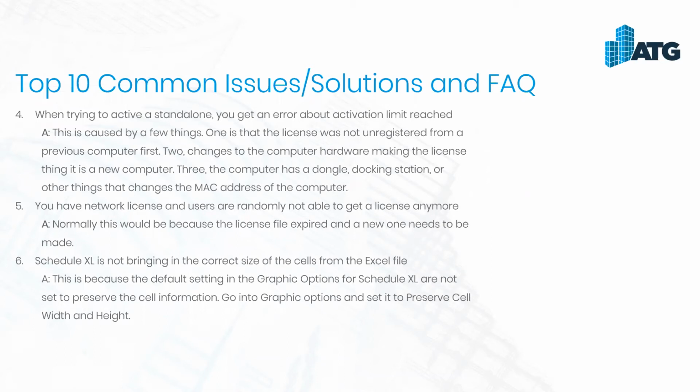For some reason that affects the NIC card or the information that the tool goes after. So it thinks it's a new MAC address. CTC is going to be working on something to handle that maybe in the future, but that is something that can be affecting it. If you do get that activation limit reached, you would be able to contact support. We can work with CTC to grant another activation or have your account rep work with them as well.